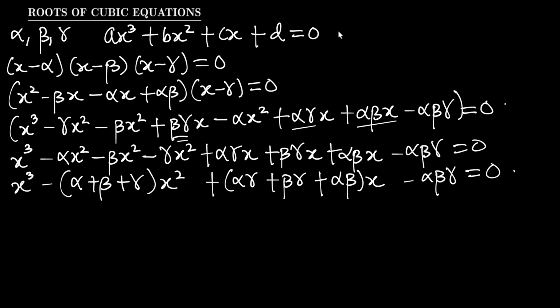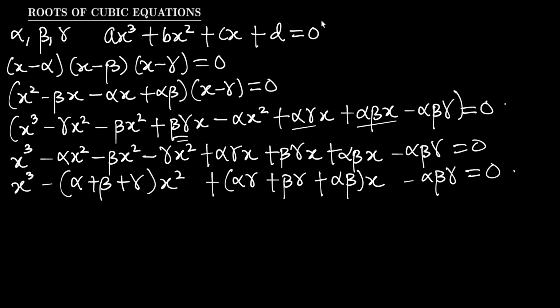Now when we compare this to the original equation, there is a slight difference in their structure. In the general equation, the leading term has a coefficient, so x cubed doesn't have a coefficient of 1. But here, it has a coefficient of 1.